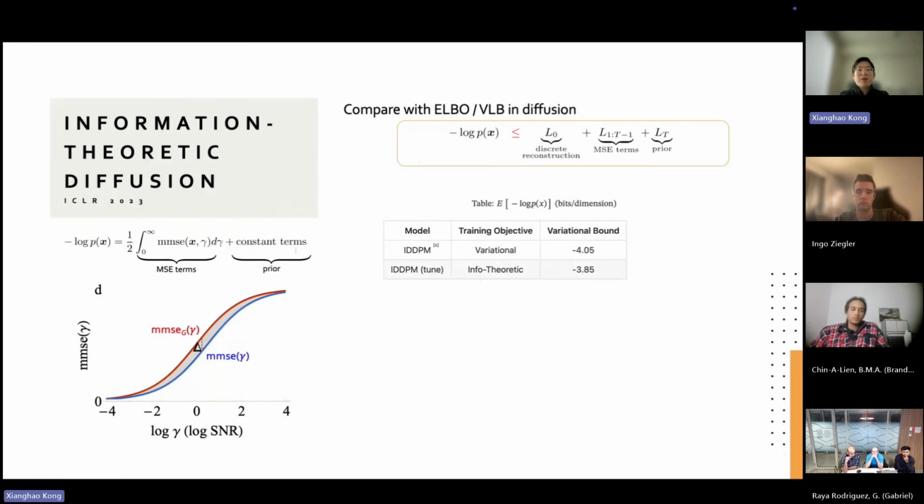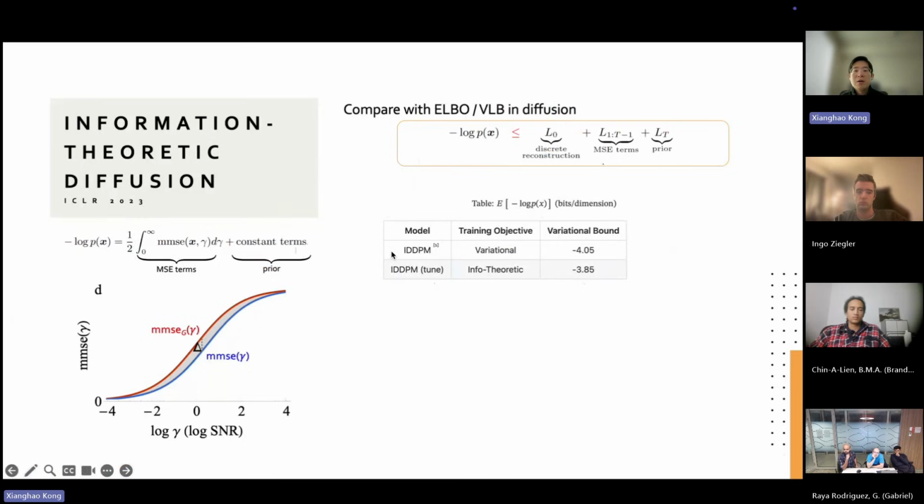So we want to compare these two bounds, right? So we just run some experiments. This experiment calculates the negative log likelihood value. We use a pre-trained IDDPM model, which is an improved DDPM, and we use our IT bound to fine-tune this model. Before fine-tuning and after fine-tuning, we use the variational bound to calculate the NLL value for these two models.